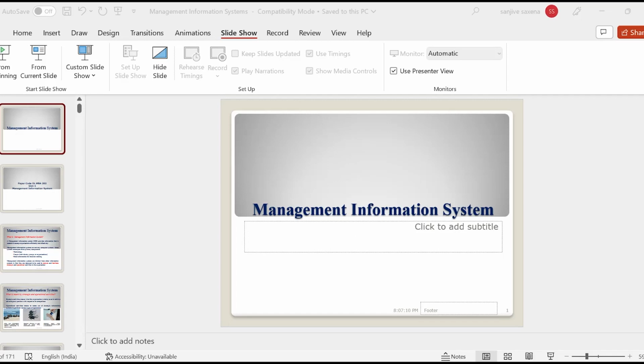So in a nutshell, you can say management information system is able to address all these issues.